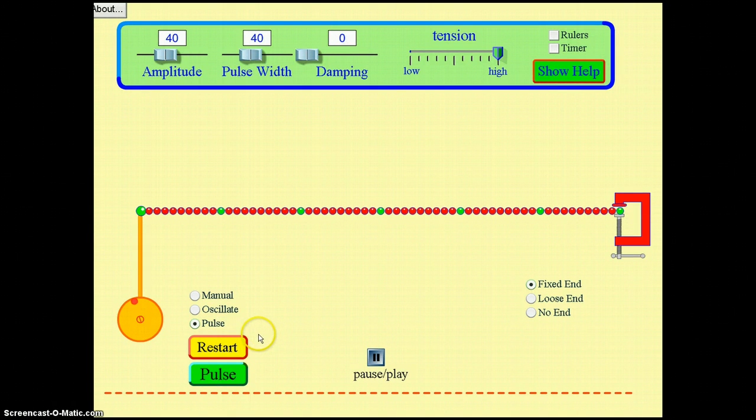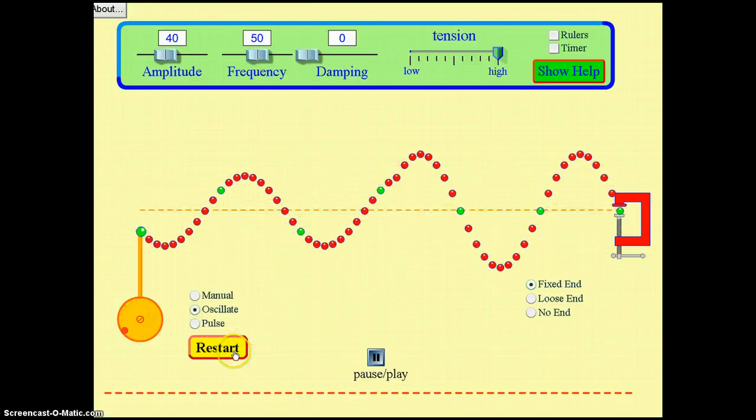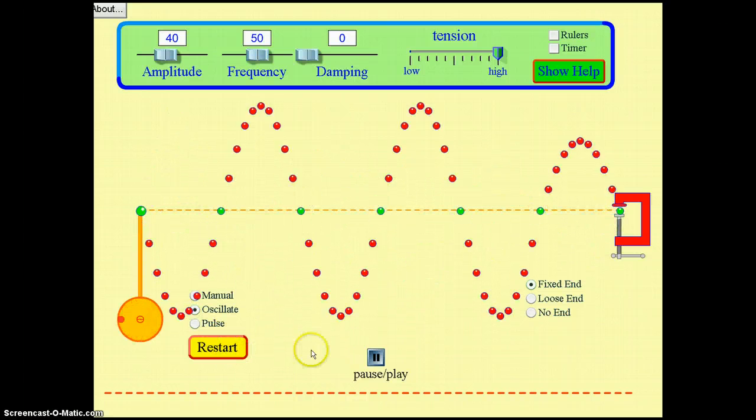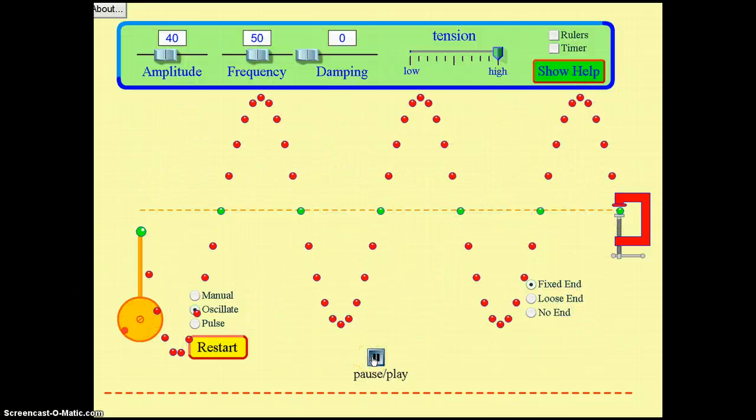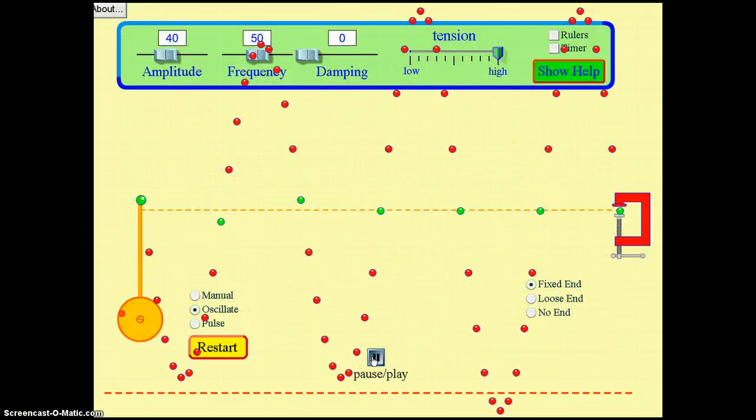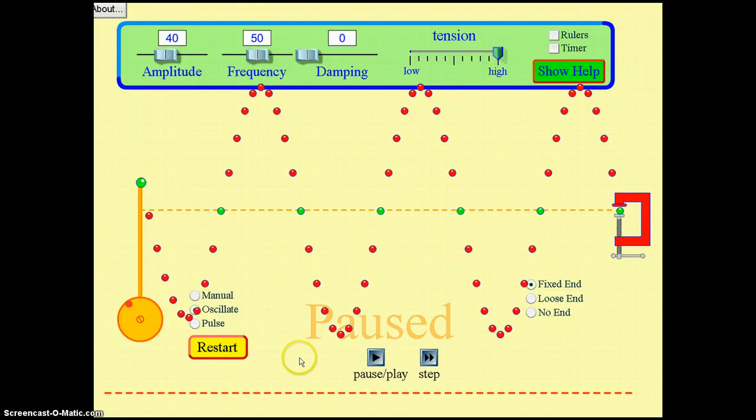Those are the conditions for a standing wave, and let me go ahead and get that going here for you. What I want you to especially note are the green beads, and how at certain times the green beads won't be moving at all. So I'm going to continue to show this, and in a moment here when the green beads are motionless, here's our standing wave. You can see what's happening if we take this red region right here.